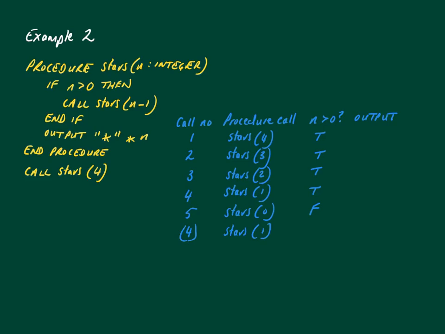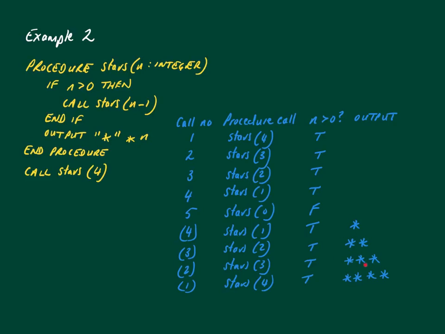Remember, at this point, stars 1 is the output. So n greater than 0 is still true, but now we're at the point where we're outputting the number of stars, and so we output 1 star. And then going back to the previous calling code, we output 2 stars, then 3 stars, and 4 stars.